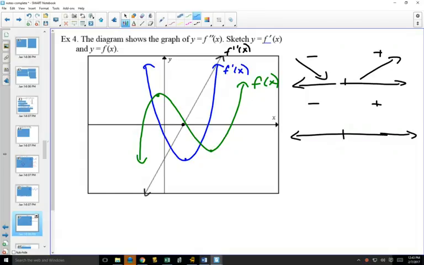That's going to help us with our blue graph, because going up one level from our second derivative takes us to our first derivative. And in our green graph, it's going to tell us that there's an inflection point and that we're going to change from concave down to concave up.